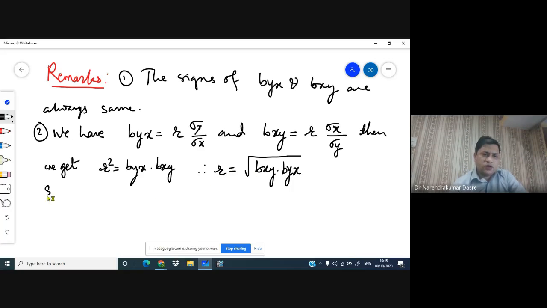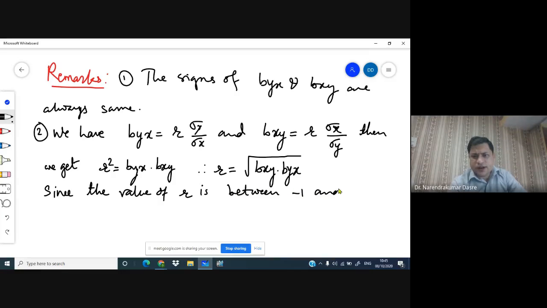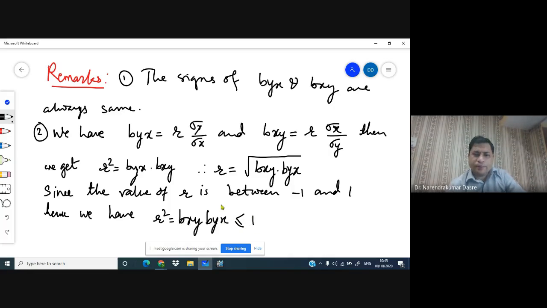Since the value of r is between -1 and 1, we have r square is equal to bxy into byx is less than or equal to 1.